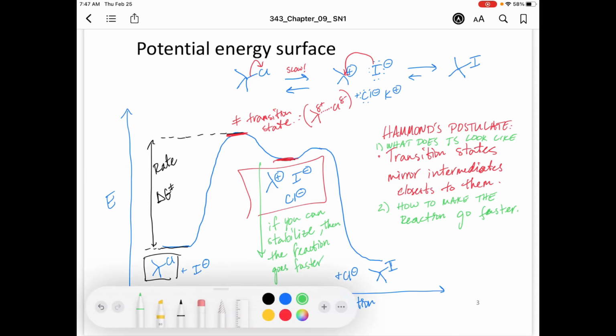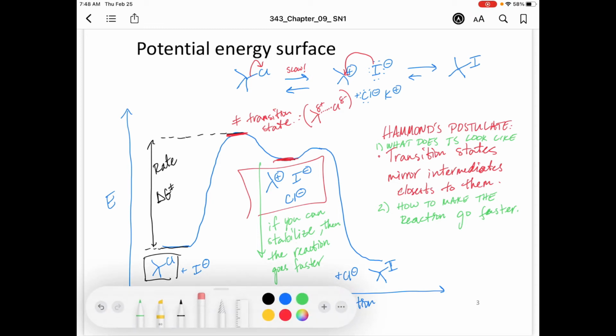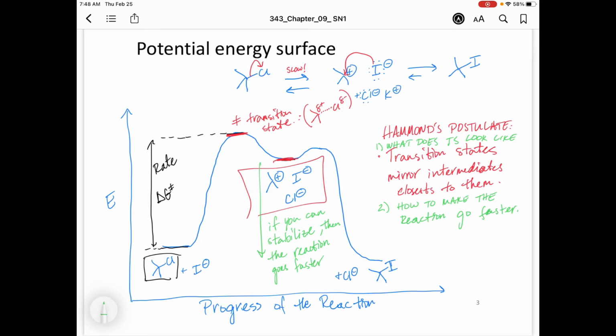That's the neat thing about Hammond's postulate: because the transition state mirrors the intermediate, if you can stabilize your intermediate, the transition state will also come down in energy. That's because the energy of the transition state is mirroring what the intermediate looks like because it looks really similar. So if I can stabilize the intermediate, this carbocation, which we know some about actually, then the reaction will go faster, okay?